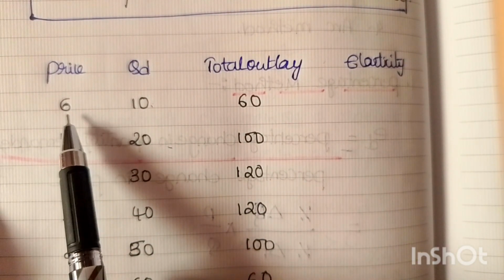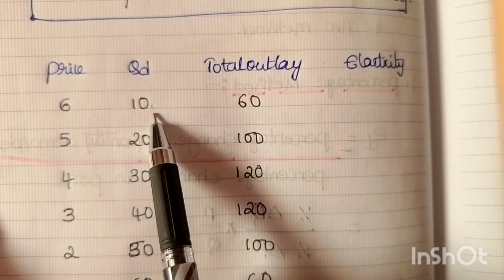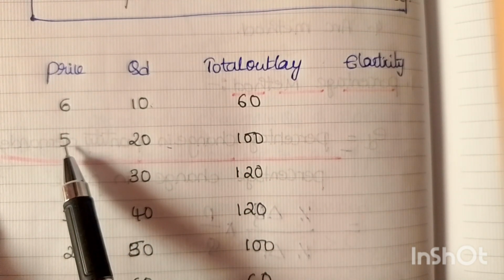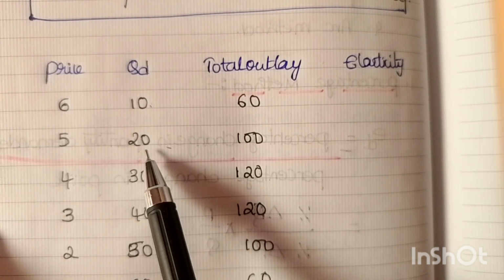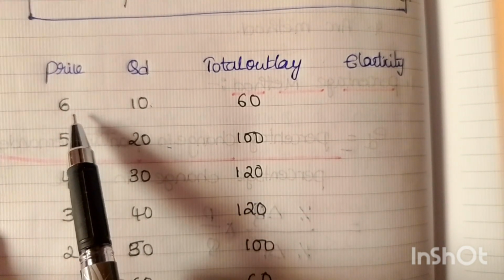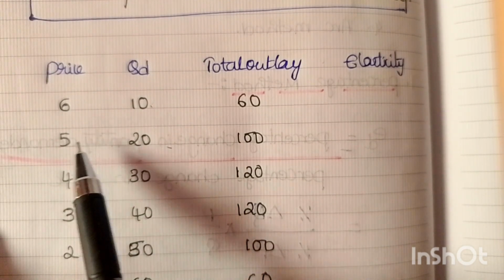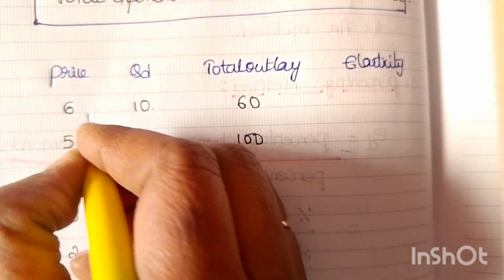Initially the price is 6 rupees and the quantity of demand is 10 units. Then the price decreases by 1 unit to 5 rupees, and the quantity of demand increases to 20. The price is decreased but the quantity of demand is increased.